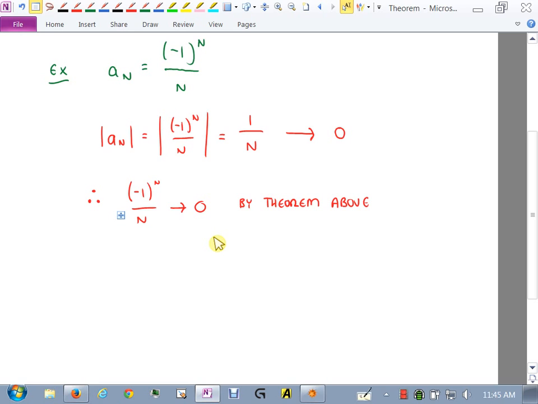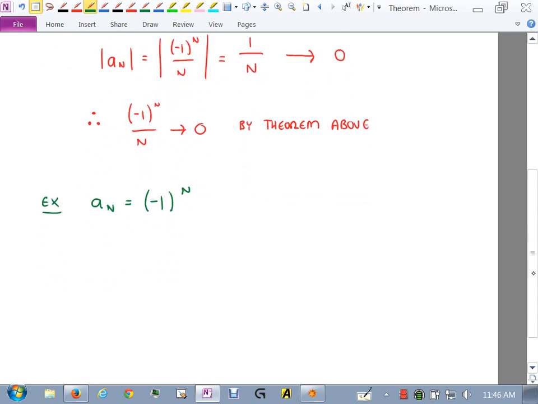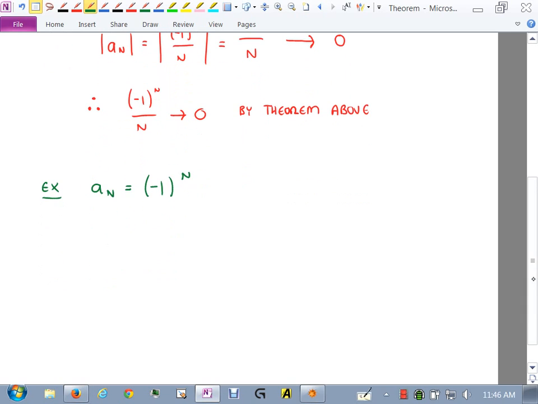Okay, yeah, so let's look at a different example. What if you have a sub n equals negative 1 to the n? Well, that's going to give you negative 1, 1, negative 1, 1, negative 1, 1. So maybe you start to say, all right, I'll take the absolute value of it. What's the absolute value of negative 1 to the n? That's always just 1, right?